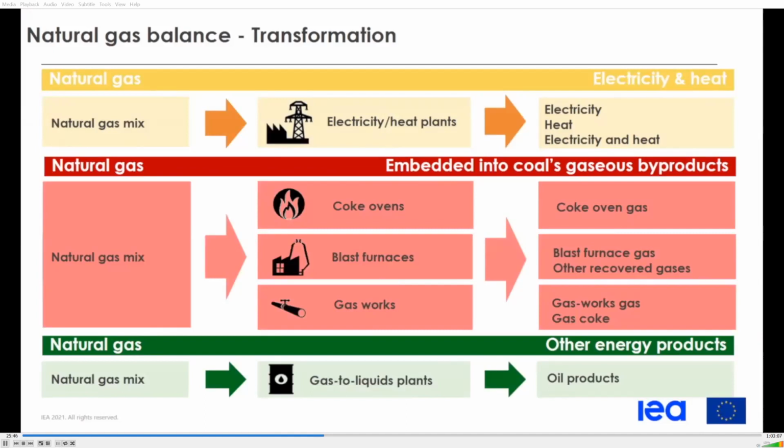And finally, it can be used in gas-to-liquid plants to generate some synthetic oil products. We will not go too much in depth here, but keep in mind that this exists and could be reported in some of the data you encounter. So now we are done with natural gas and we will move on toward coal statistics.